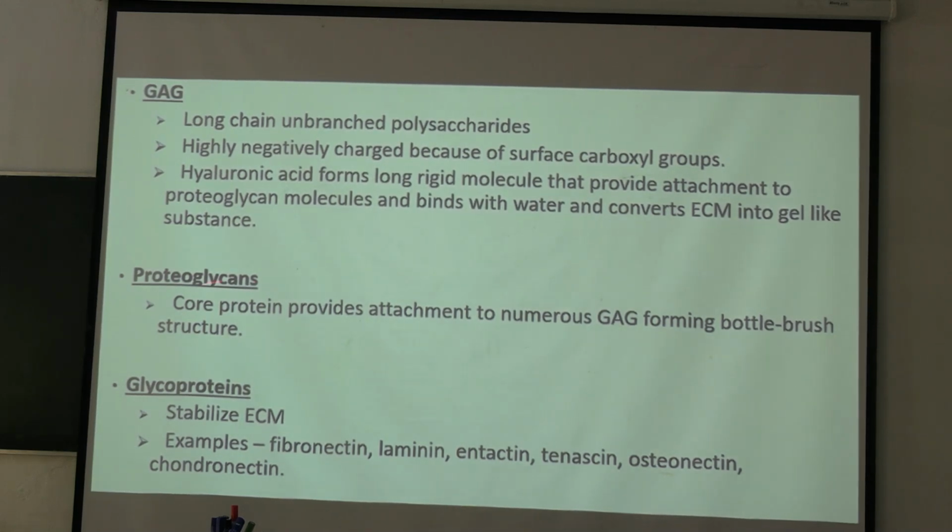Okay, proteoglycans have a core protein that provides attachment to numerous glycosaminoglycans forming a bottle brush structure. Then glycoproteins stabilize the extracellular matrix, and examples are fibronectin, laminin, entactin, tenascin, osteonectin, and chondronectin. Okay, it can sometimes come as a short note, extracellular matrix.